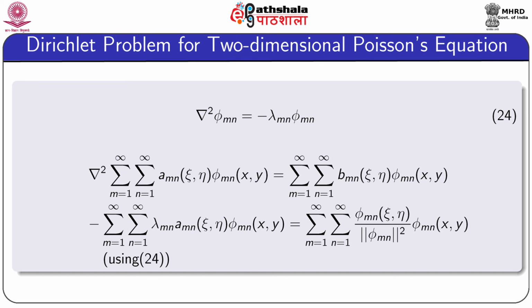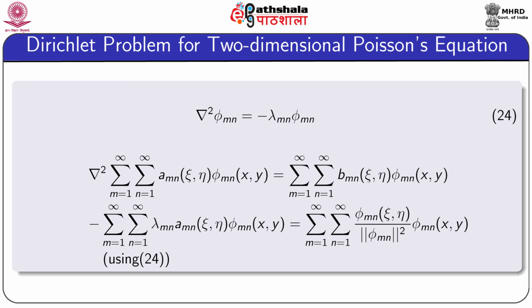So, in the last line we obtain minus lambda mn, sum over m, sum over n, Amn into phi mn equals, in the right hand side, we substitute the values of Bmn which we obtained in the previous slide. So, Bmn equals phi mn by the norm of phi mn square. Here we are substituting that value of Bmn, and you obtain a relation.